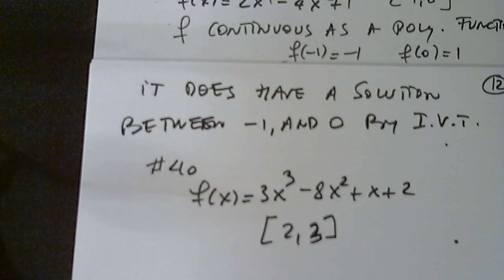Okay, so in the graphing calculator, I will erase everything and put in the function 3x cubed and then minus 8x squared, and then plus x plus 2. All I have to do is plug in 2 and 3. If it doesn't change sign, there is no solution, but it does. F of 2 is negative 4, and f of 3 is 14.